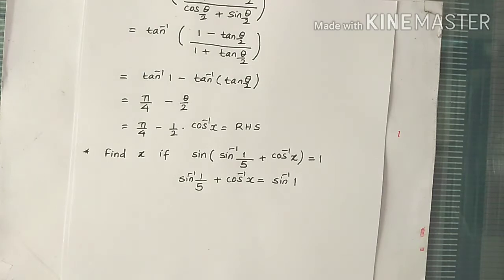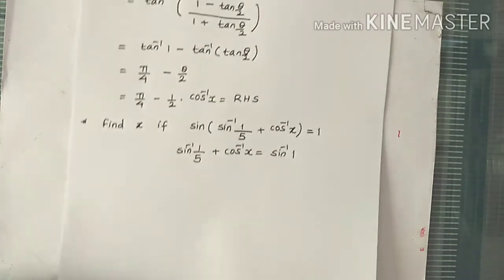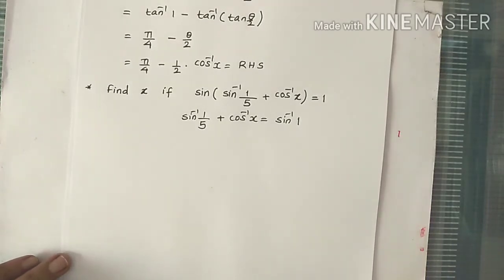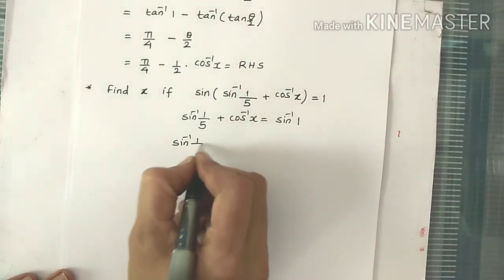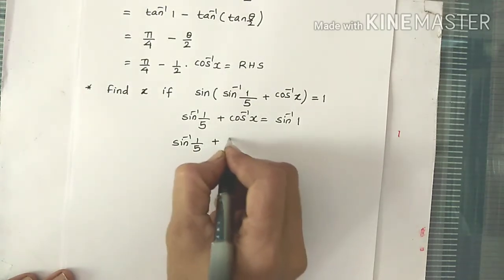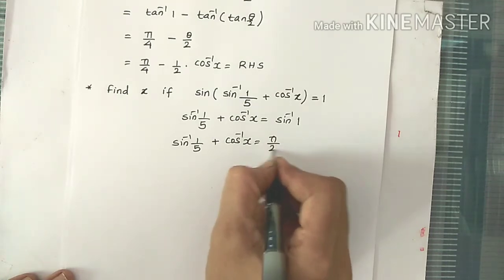What is sine inverse of 1? Sine inverse of 1 is the angle for which sine is 1. Now sine of pi by 2 is 1. So sine inverse of 1 by 5 plus cos inverse of x is pi by 2.